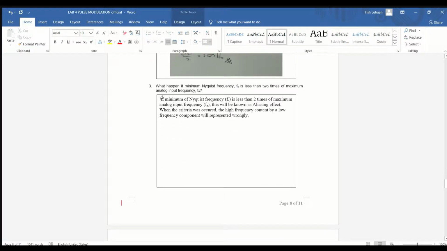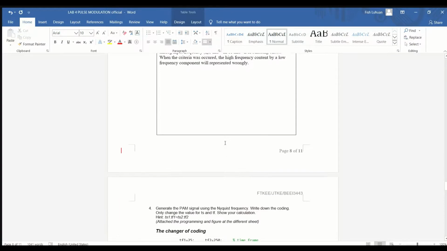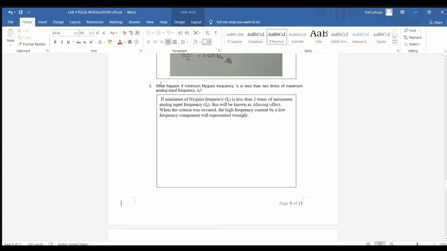And for the third one, what happens if minimum Nyquist frequency Fs is less than 2 times of maximum analog input frequency Fa? This will be known as aliasing effect. When the criteria occurs, the high frequency content by a low frequency component will be represented wrongly.